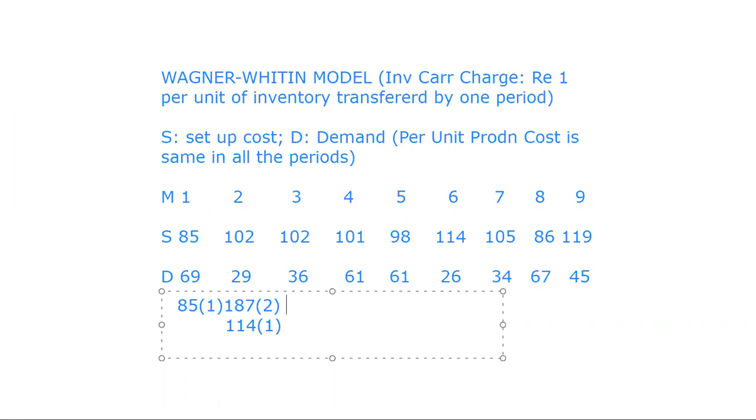So I'm producing how much in period number 1? 69 plus 29. Out of which 69 will be consumed in the first period itself, and 29 is the inventory carried to the next period.